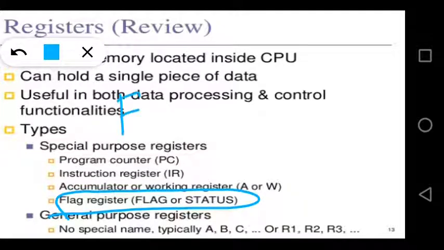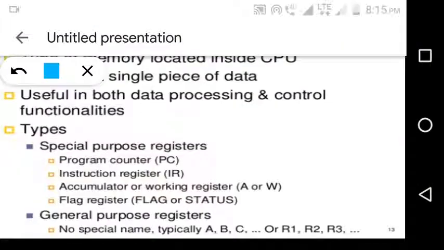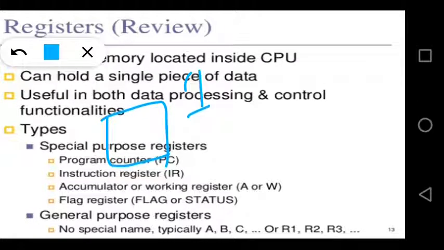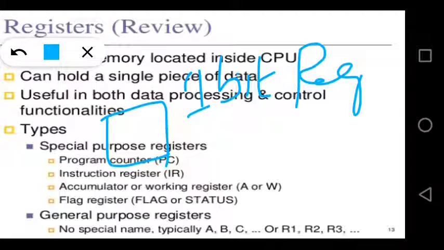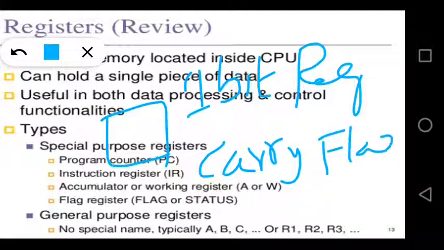Next we have flag registers, or status registers. The speciality of flag registers or status registers is that a flag can be a 1-bit register. For example, there is a flag called carry flag.